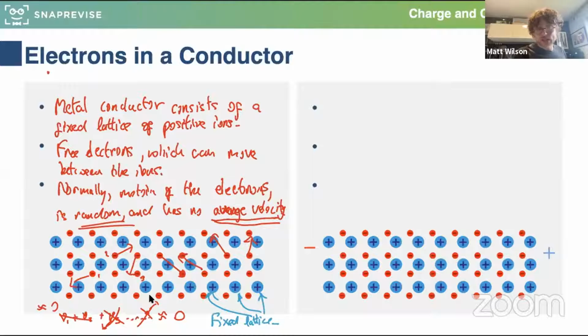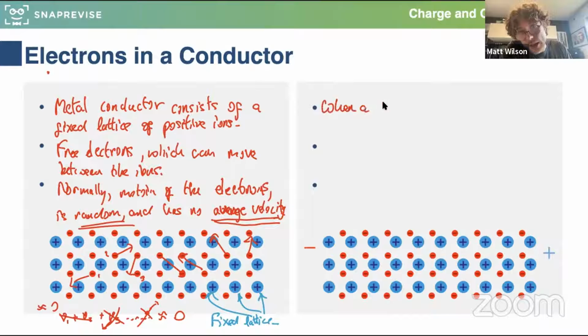Now we're going to study the case in which we've connected this piece of metal to a circuit. For instance, this piece of metal could be a wire connected to a battery. Connecting something to a battery means connecting it to a charge difference.